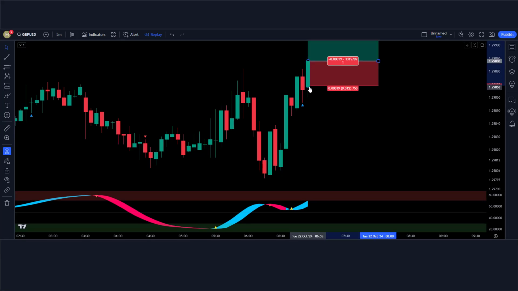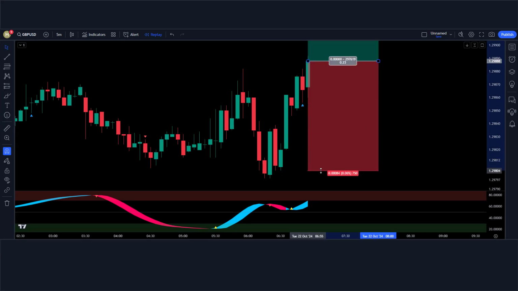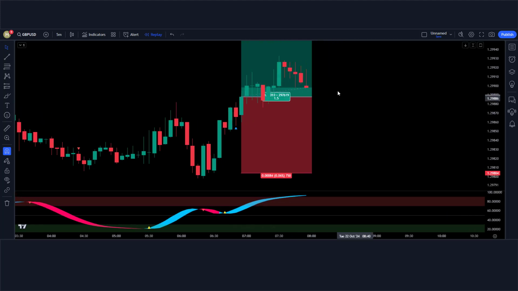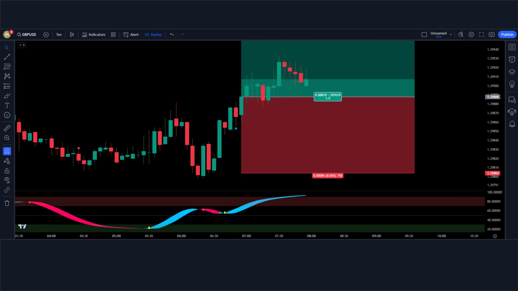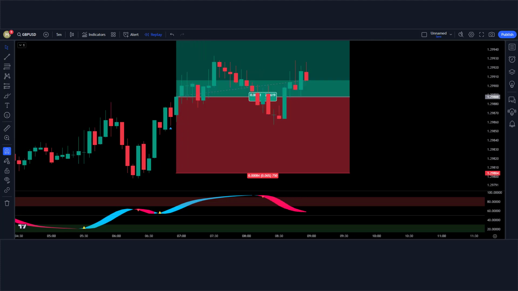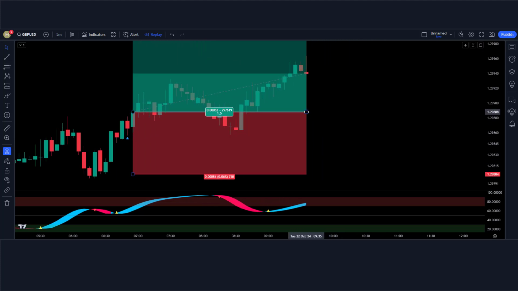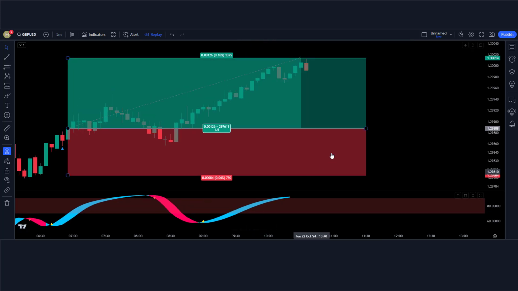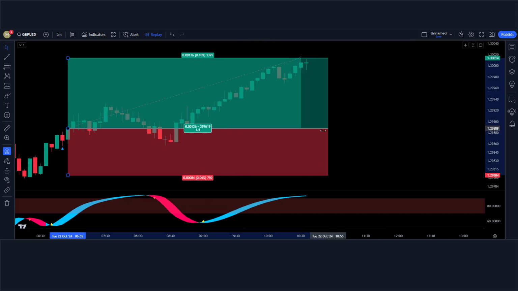Our stop loss will be placed at the current market of lower level. And the risk to reward ratio will be 1:1.5. The market has completely hit the target.